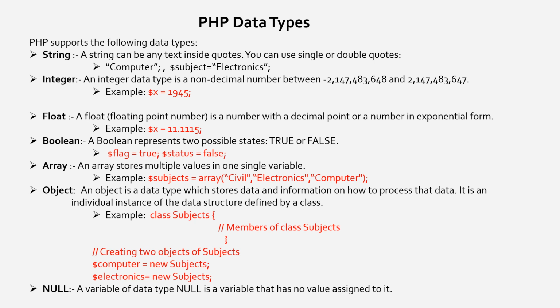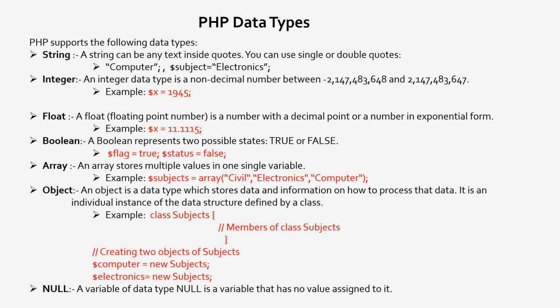For example, we have different subjects, so we can store them in an array called subjects, with civil, electronics, computer, like that. We can have so many subjects in that array, which represents one array variable called subjects. We can easily access them using an index.